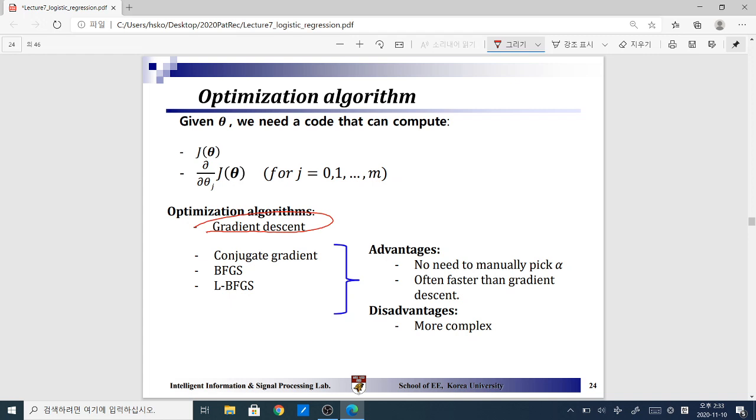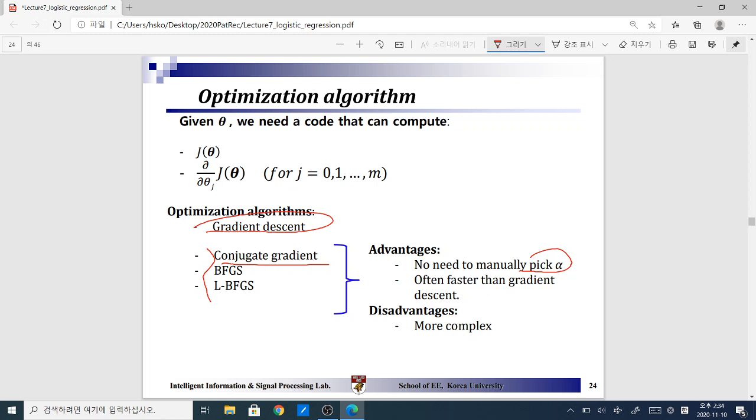As far as code is concerned, what we just talked about is the gradient descent algorithm. There are some advanced forms of gradient descent, such as conjugate gradient, BFGS, or LBFGS. All of these more advanced algorithms are still very much like gradient descent, but the advantage is that you don't necessarily have to pick the alpha, which is the learning rate.